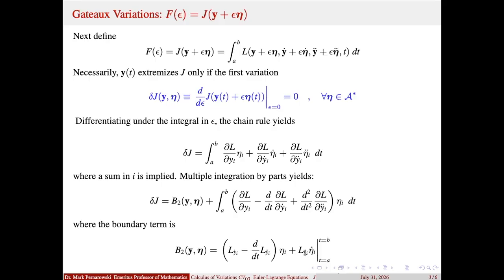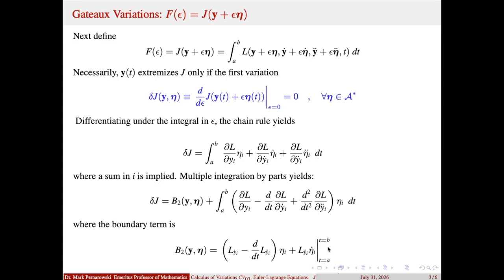Now, as I get to the next slide, when I look at this boundary term, we remember that this eta and this eta i dot have to be in the admissible set A star. Every eta in that set has these eta i's vanishing on the boundaries. What that means is that if I choose an eta in the admissible variation set, this entire term becomes 0.